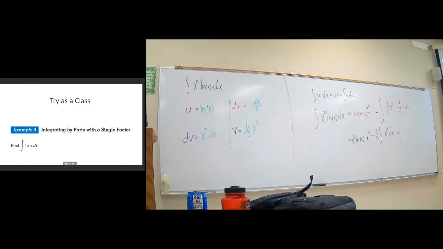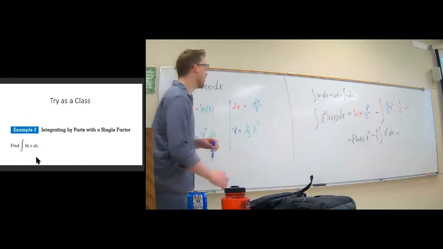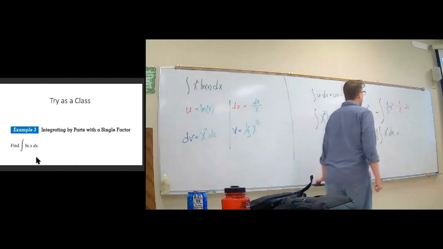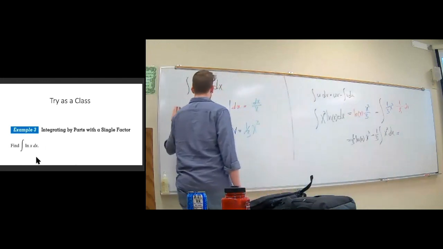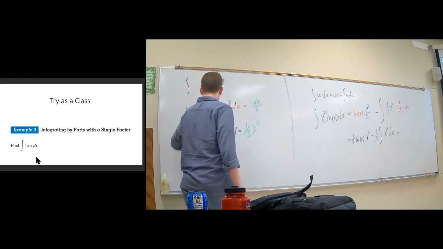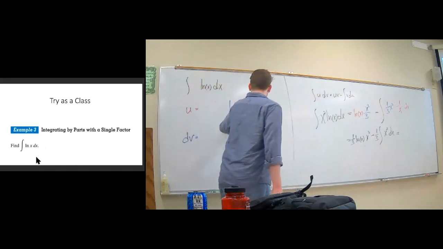All right, so now jumping ahead, how might we solve a problem like this? First, what's the integral of the ln of x? Do we know it at all? Is it obvious, maybe? It's not.